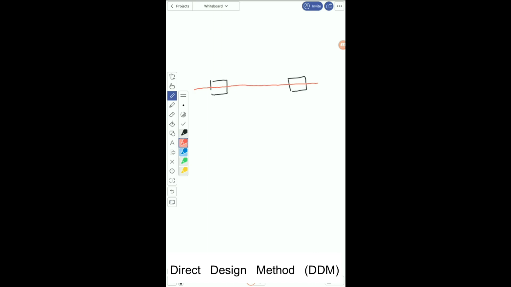So these are the dimensions. We have normally columns going on here, and then a column here as well.